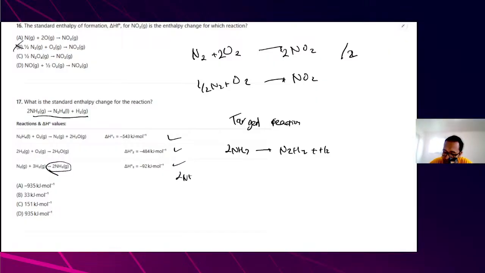So I will put it over here, third reaction: 2NH3 becoming N2 plus 3H2. So delta H3 will be plus 92.